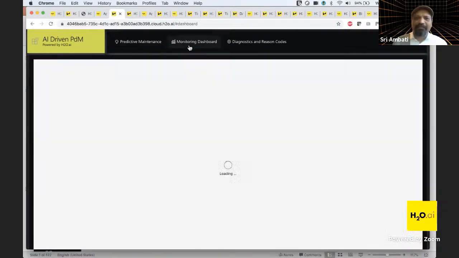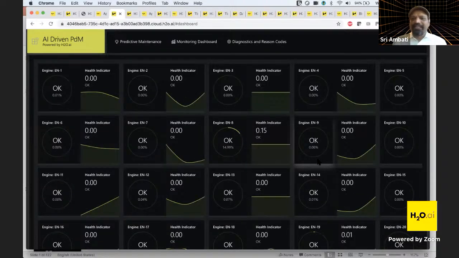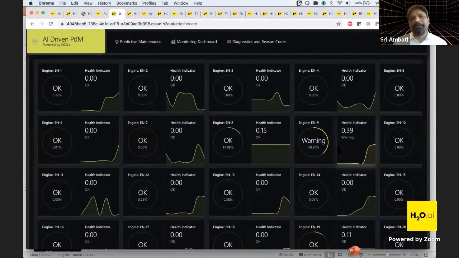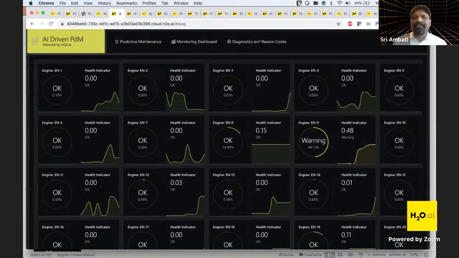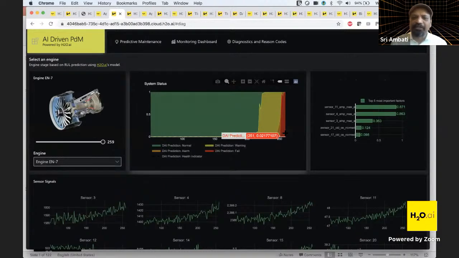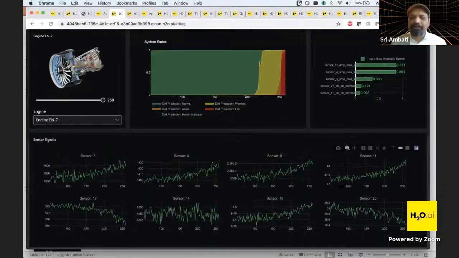Here's another incredible piece that comes to look at the entire factory floor and understand why a particular engine is malfunctioning, for example, and then go understand the top five factors that matter in that Driverless AI or AutoML engine is behind the scenes predicting that it's likely to fail, but that's sensor 11 that's showing up as one of the top factors, and sensor 4.